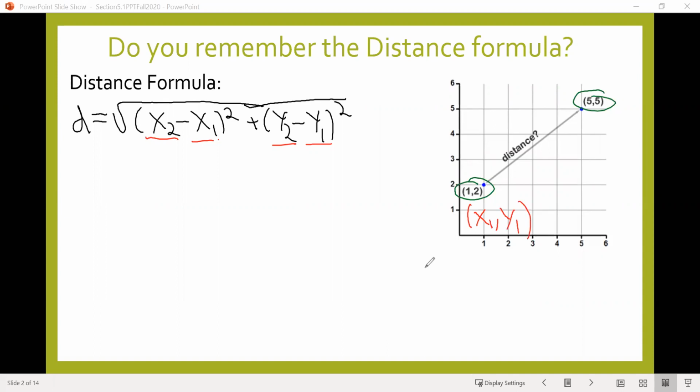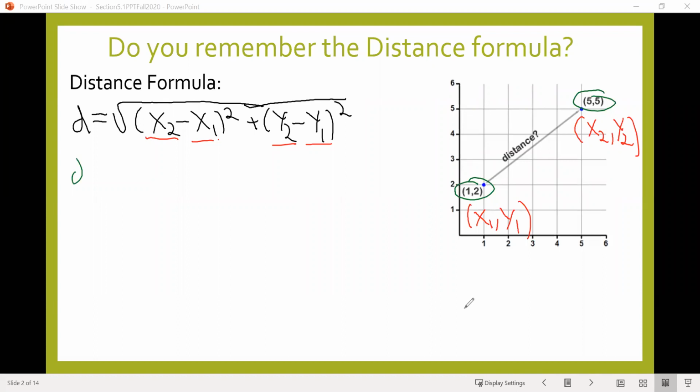It cannot be x sub 1 comma y sub 2. The subscripts need to match. So this top point would need to be x sub 2 and y sub 2, and then we can plug those into the formula.